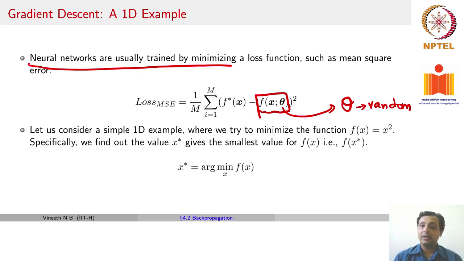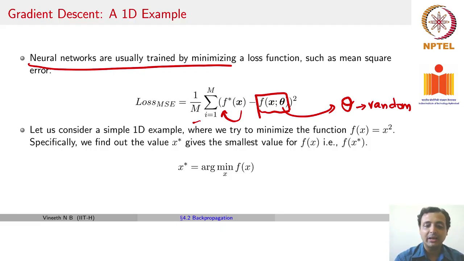But in your training data, you already know what x should give you, because that's why it's called training data. You have the correct labels given to you. So you have at least f star of x defined for that particular value of x. You may not know what f star is at other places, but you know what f star is at that particular location.